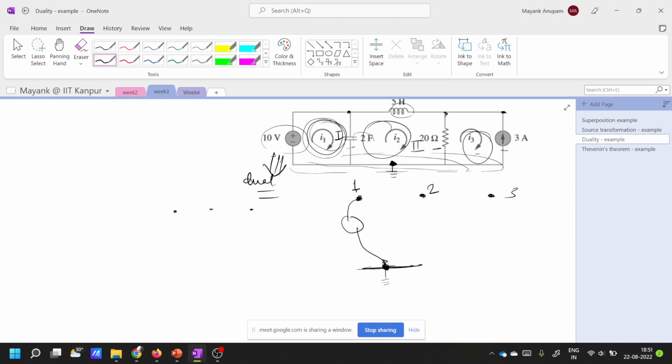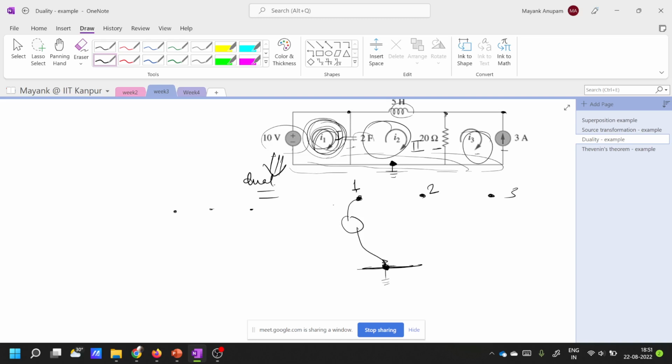Because this voltage source was only a part of this particular mesh, and since you are taking its dual, the current source you replace it with will also be associated with only that node, which corresponds to that mesh. Are you following what I am saying here?